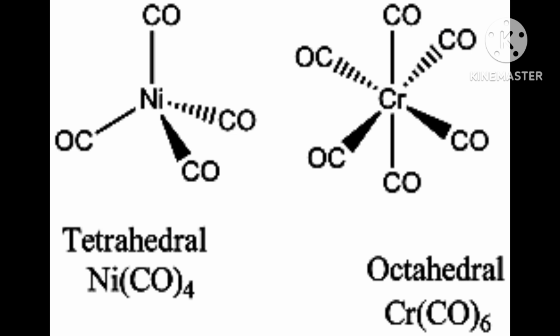M plus 4L is the reactant and it gives the product ML4, and ML4 can again give back M plus 4L. That's why both are in equilibrium.